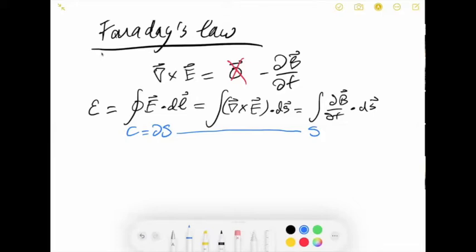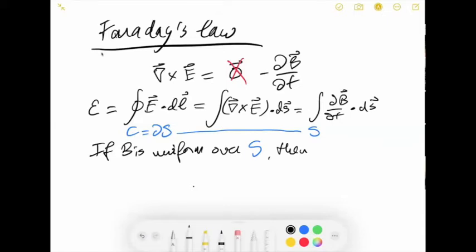And if B is uniform over S, then it's the world's most simple integral.